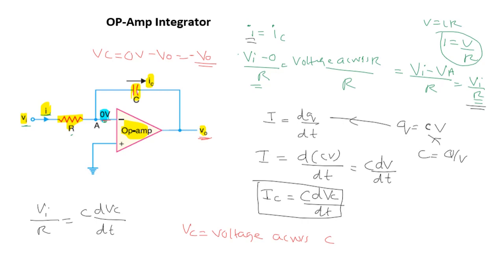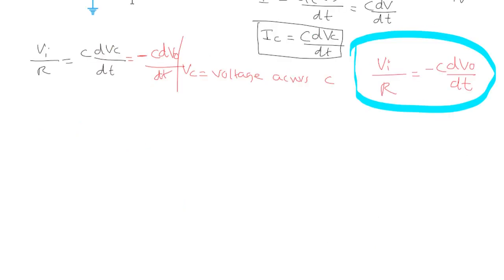Okay, so if I substitute Vc is equal to minus V0 here, then this equation will be equal to minus C into dV0 by dt. So our equation will become Vi by R is equal to minus C dV0 by dt. I can rewrite this equation as dV0 is equal to minus 1 by RC Vi into dt.